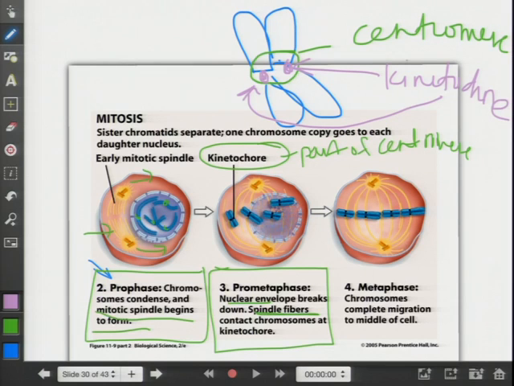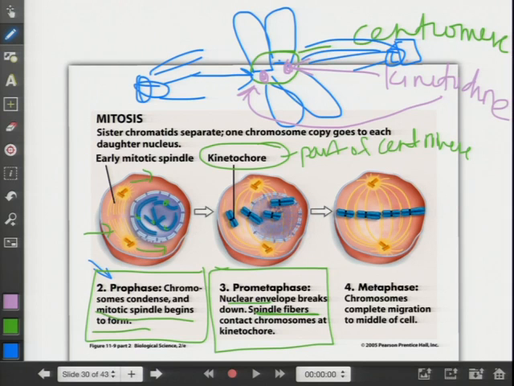So if we have that thing and some fibers, I'm bad at drawing that, and then some fibers, we want this one to be pulled to that side of the cell and this one to be pulled to that side of the cell.